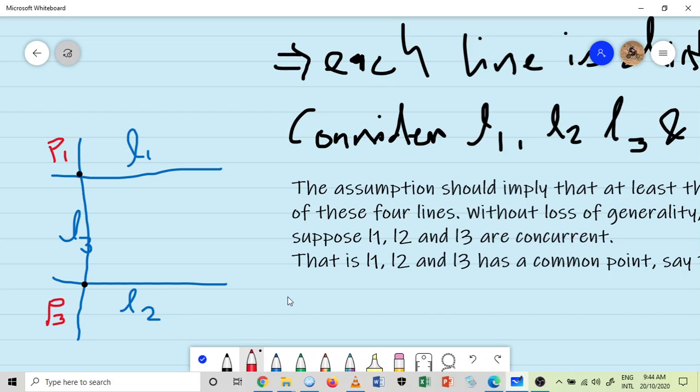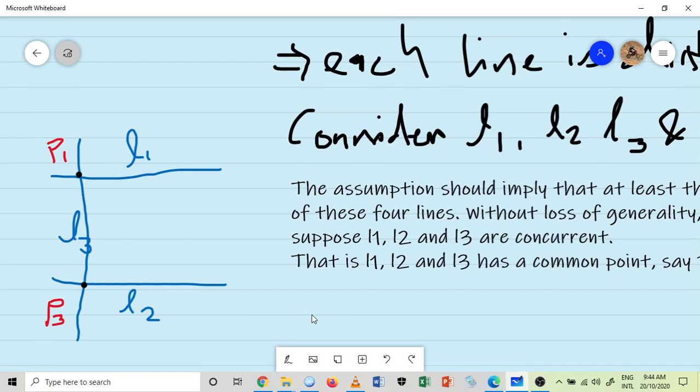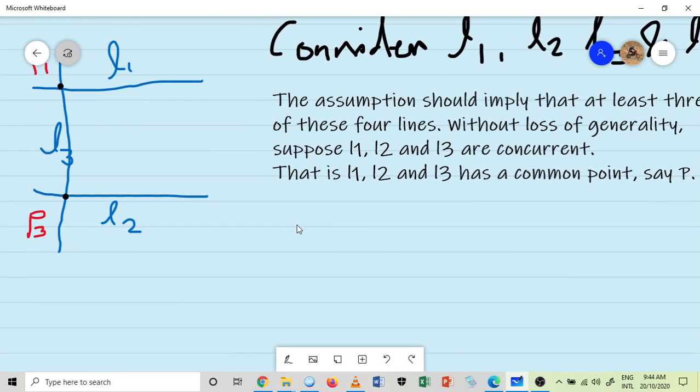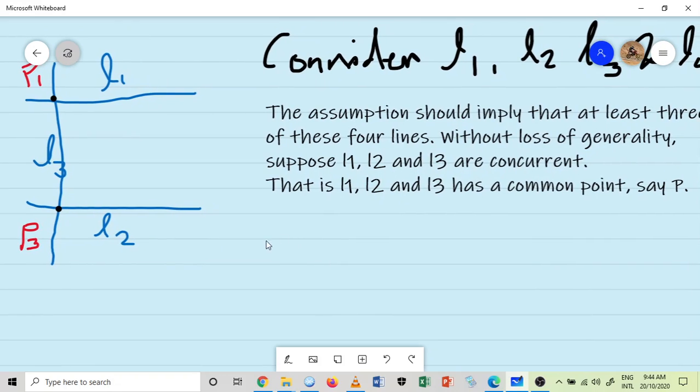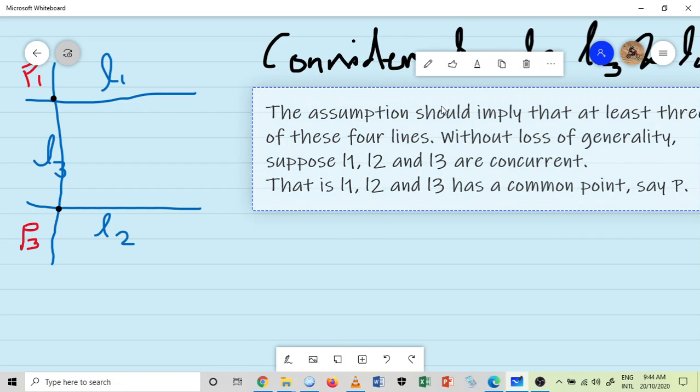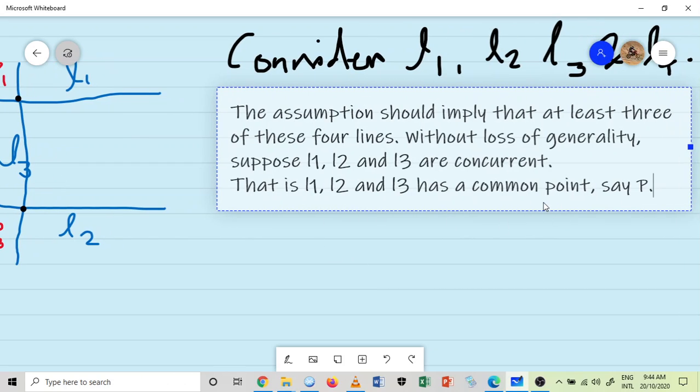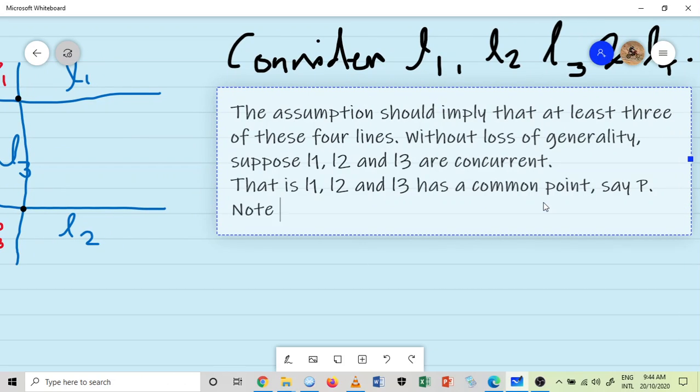Now, note that P1 is on L1, but P1 is not on L2.